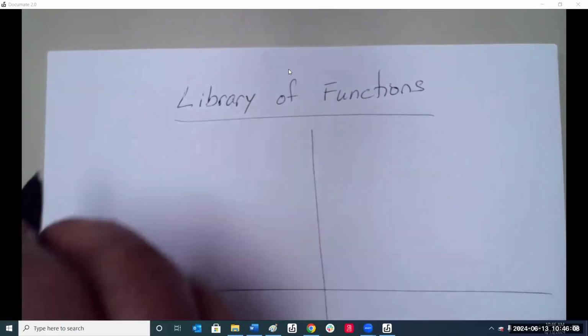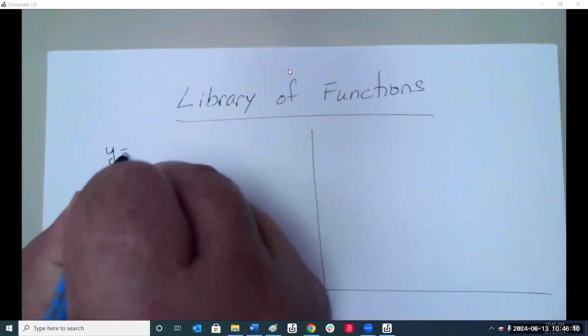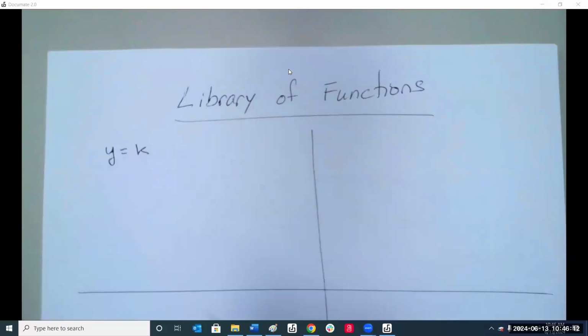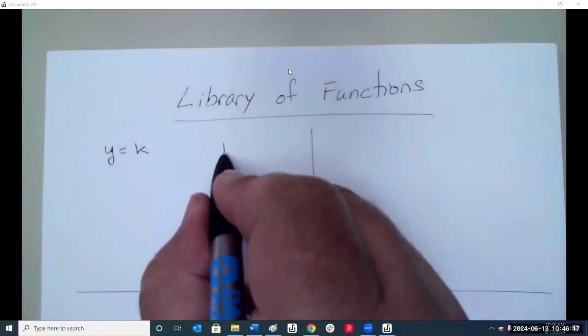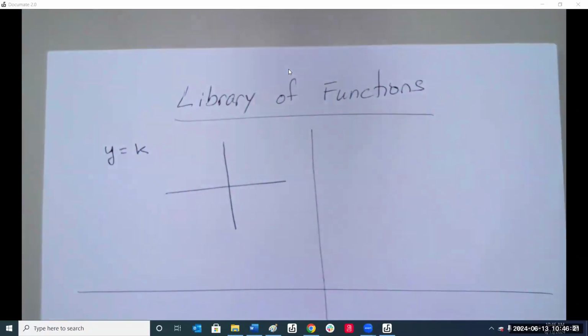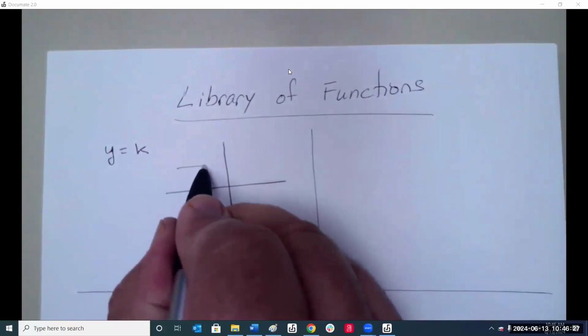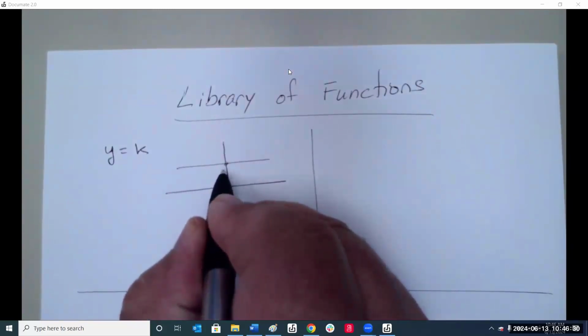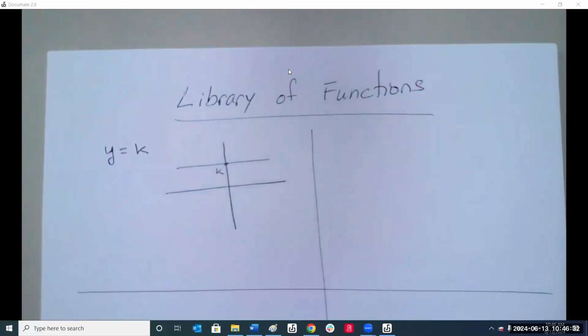We're going to have a whole bunch of them. So first off is if we have a constant number. If we have a constant, some number k, what does that graph look like? It's a horizontal line crossing the y-axis at whatever k is.